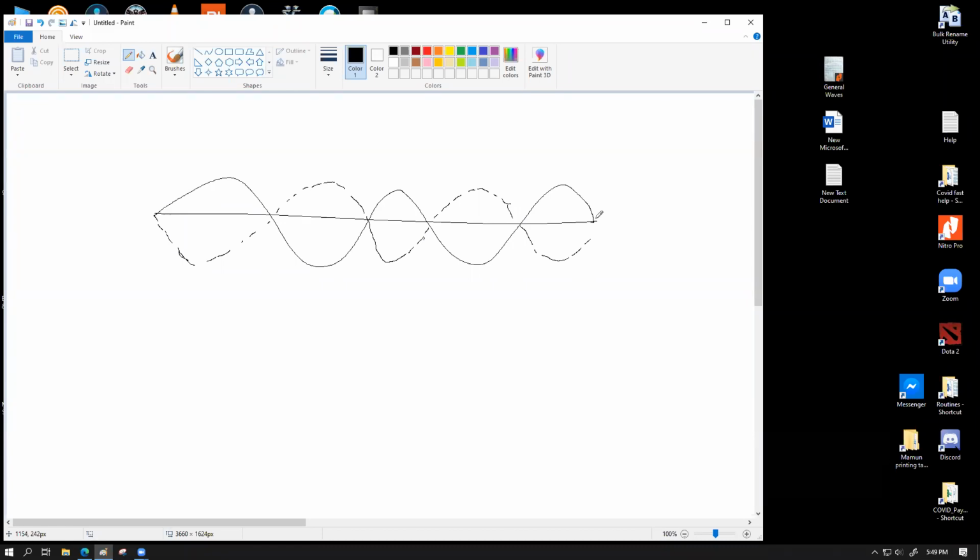In this stationary wave, all of these particles have a phase difference of 0 degrees with themselves. All of these particles have a phase difference among themselves, which is also 0 degrees.